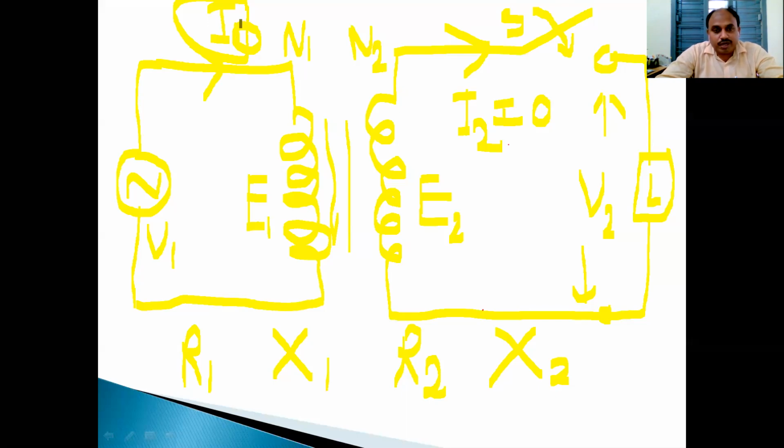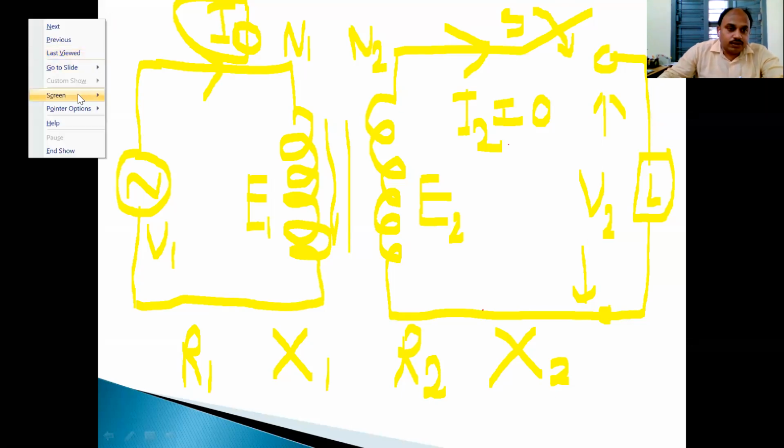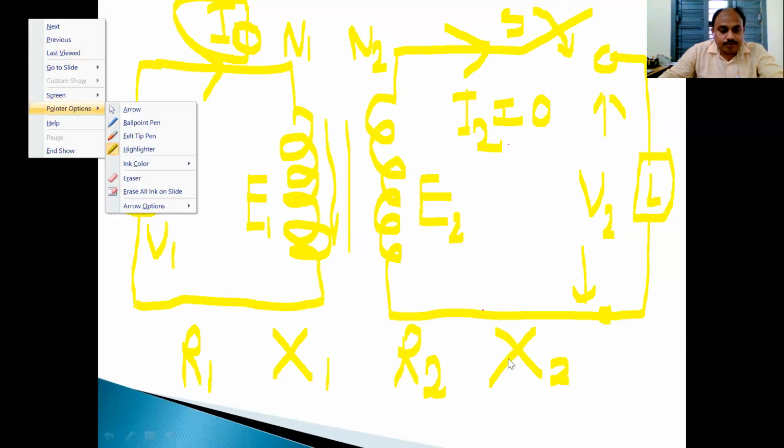The third purpose is to meet the small amount of copper losses in the primary winding at no load. So there are three purposes. That is the purpose of the no load current of the transformer.